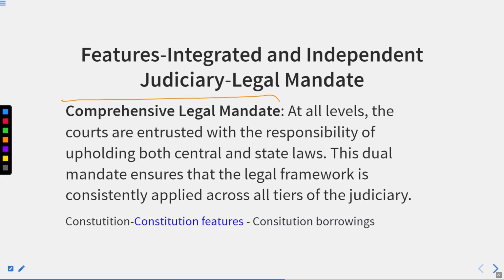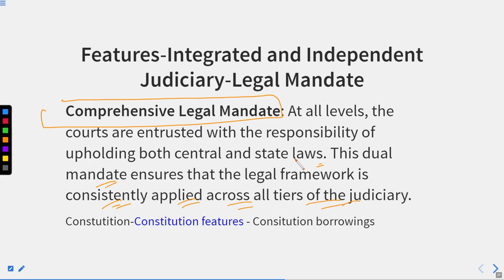Thereafter, comprehensive legal mandate. At all levels, the courts are entrusted with the responsibility of upholding both central and state laws. This dual mandate ensures that the legal framework is consistently applied across all tiers of the judiciary.